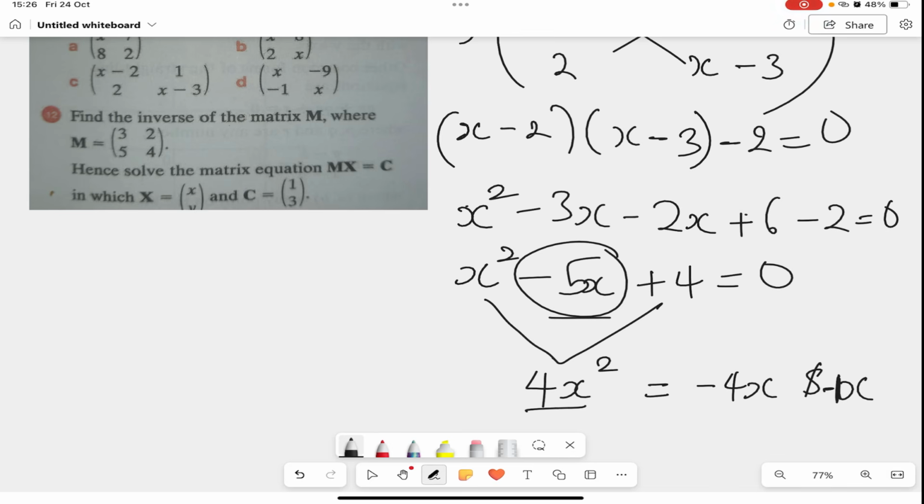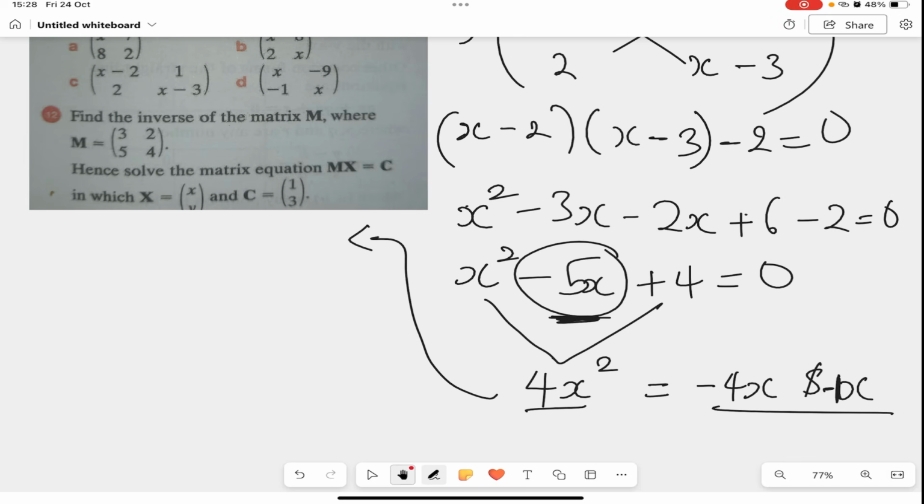If you follow your normal methods for quadratic solving using factorization method, we're going to replace minus 5x with minus 4x and minus 1x. So we have x squared minus 4x minus 1x plus 4. So that's what we have. Just basically replaced.